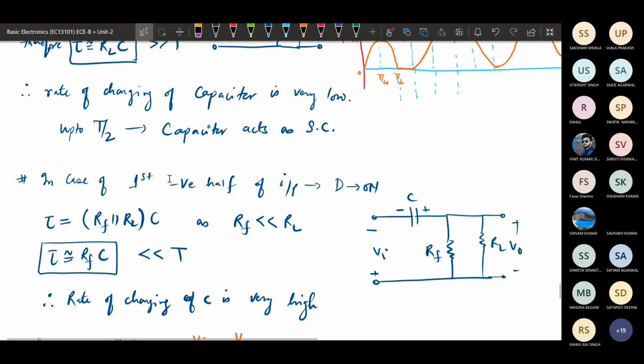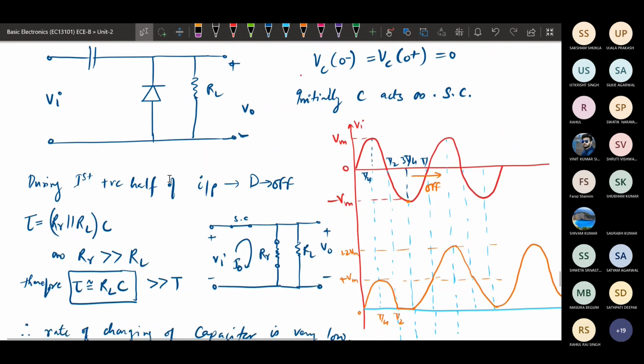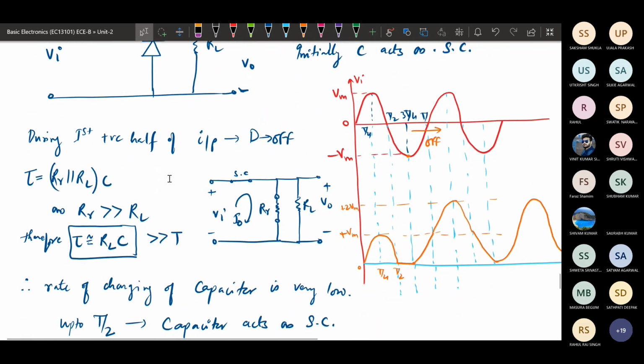So this is how the capacitor role is there in case of clamper circuit. In the clamper circuit, first of all we need to find out at what point it will be charged, and once it is charged, the rate of discharging will be very less. So the capacitor will not be discharging beyond a particular level.